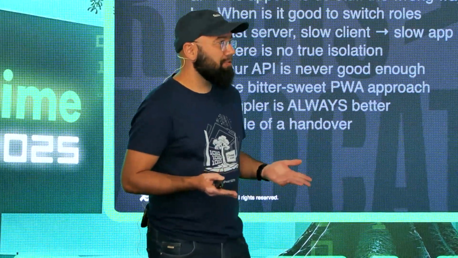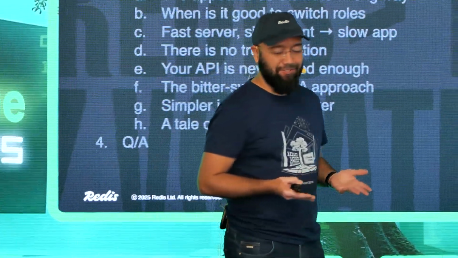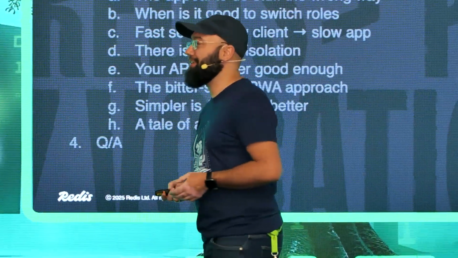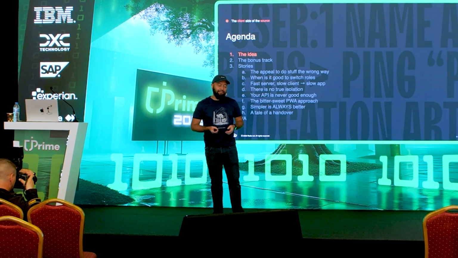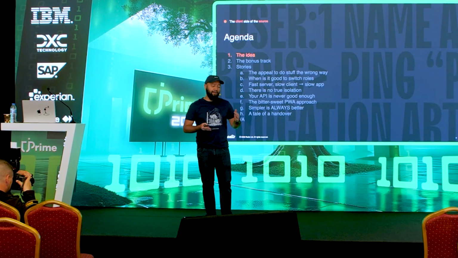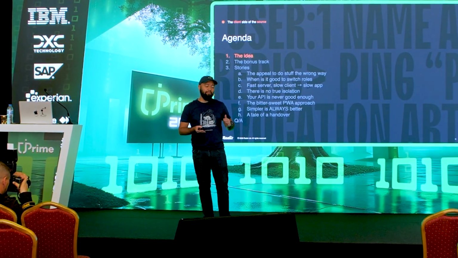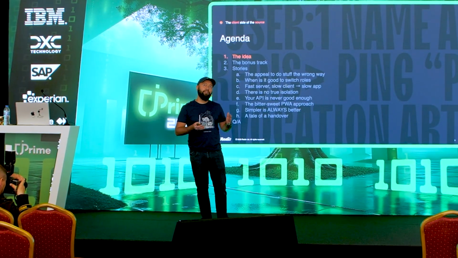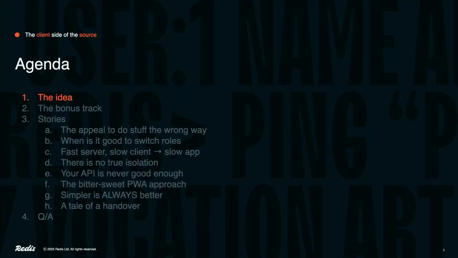And there would not be a lot of value for you to come here and just listen to what ChatGPT told me yesterday. So instead, I tried to compile a set of stories where I can talk about different stuff that I've run into during my career, and probably help you learn some lessons that I myself learned.